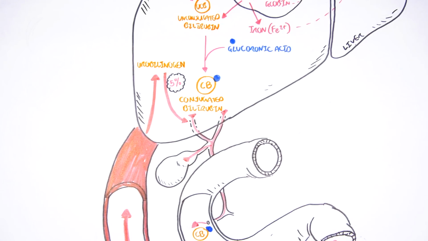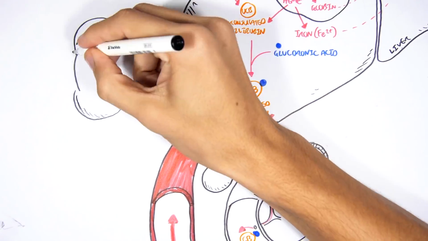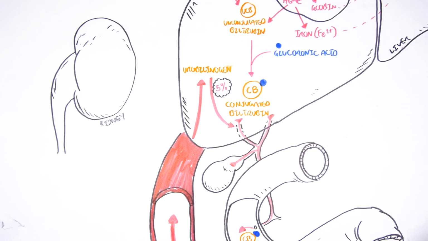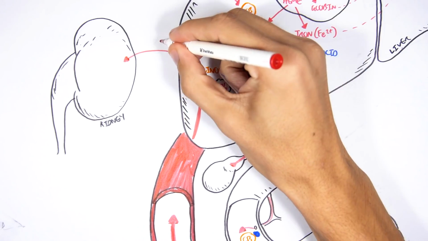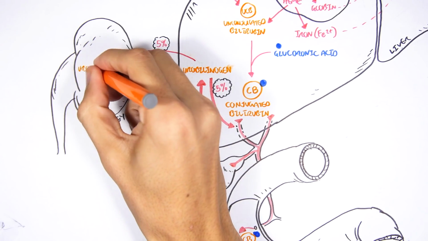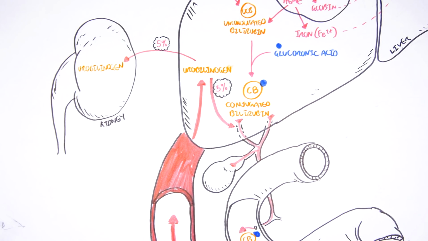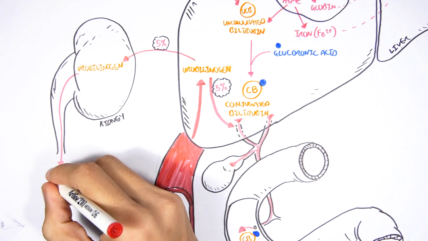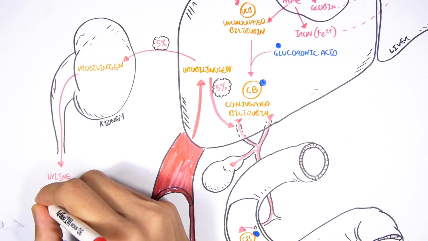The remaining 5%, the other 5% of urobilinogen, is transported by the blood to the kidneys, where it is converted to yellow urobilin and excreted, giving urine its characteristic yellow color.